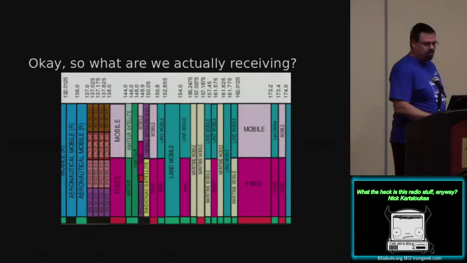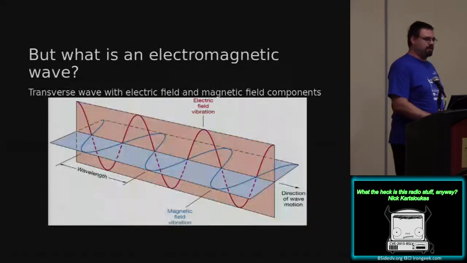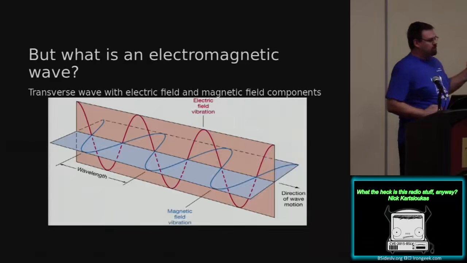And as far as what an electromagnetic wave actually is, you have a wave that is both electric and magnetic. The electric field component would be, in this case, in the vertical plane. It's wiggling along. And corresponding to it in the horizontal plane is the magnetic wave, also wiggling along.